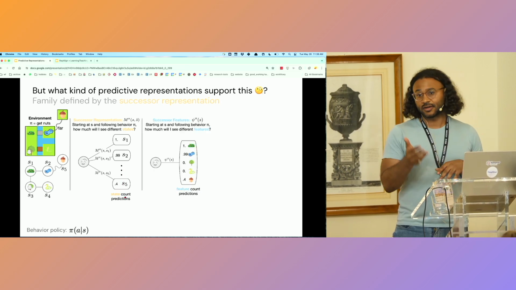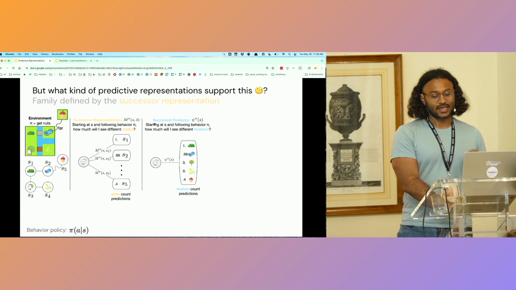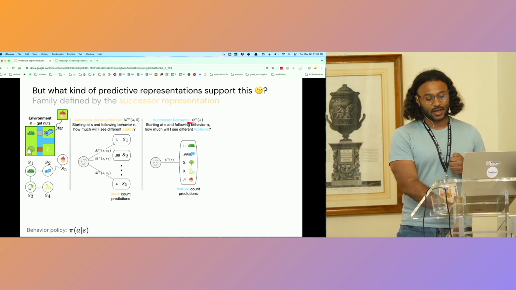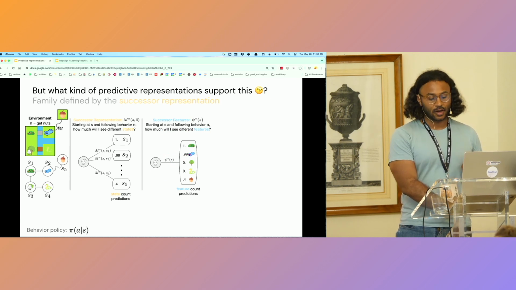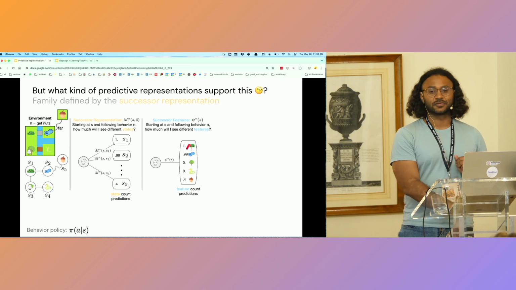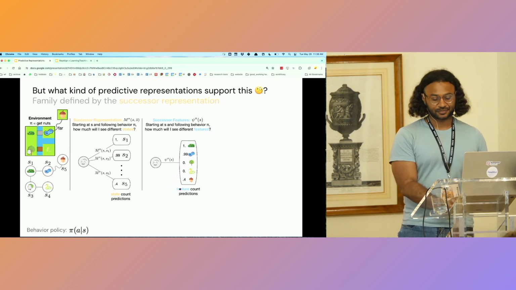Now, a generalization that Andre worked on is successor features. This allows you to ask, starting at state S and following behavior pi, how much will I see different features? Right? So it's how much will I see the berries, or the pond, or the trees? I'll explain the numbers to the left of this in a second. But these are feature count predictions.